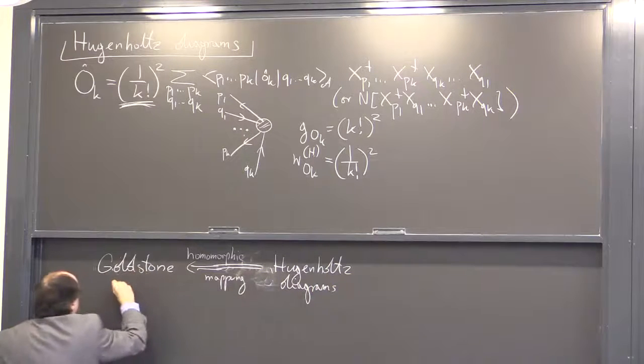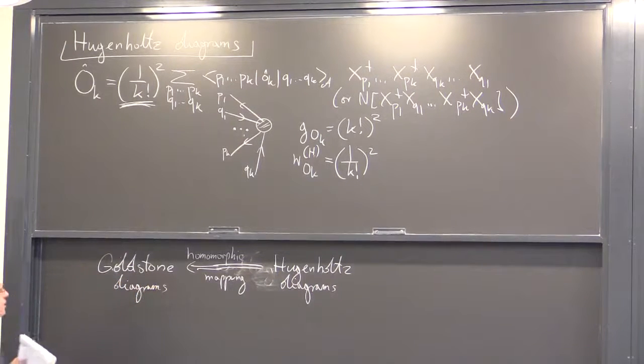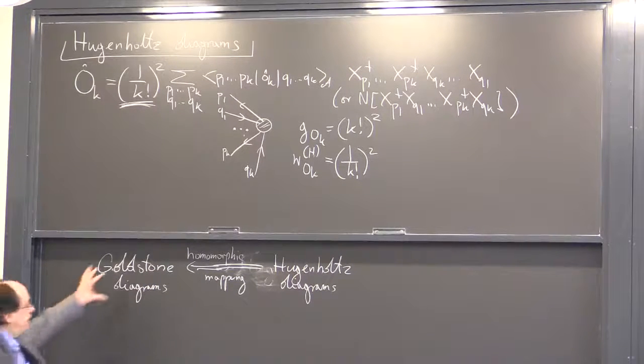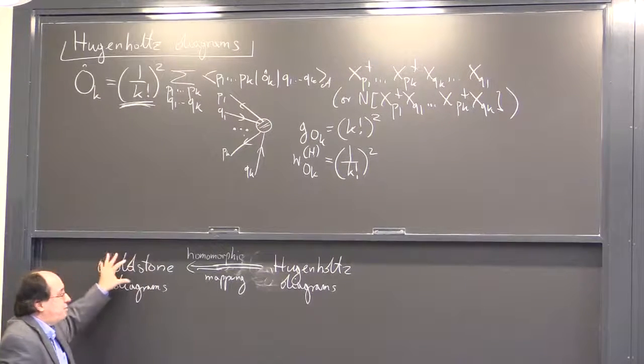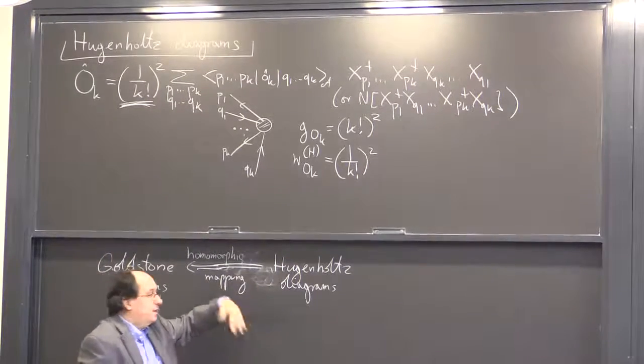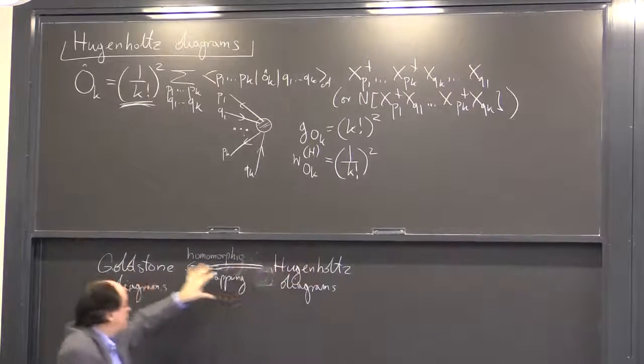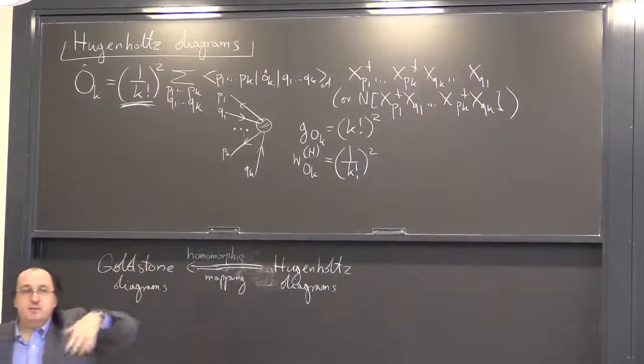Okay, there's a homomorphic mapping between Goldstone and Hugenholtz diagrams. That is, as I said, you can always draw the Hugenholtz diagram corresponding to a given Goldstone, and when you want to go back, every Hugenholtz diagram will have 1 or more Goldstone diagrams behind it.